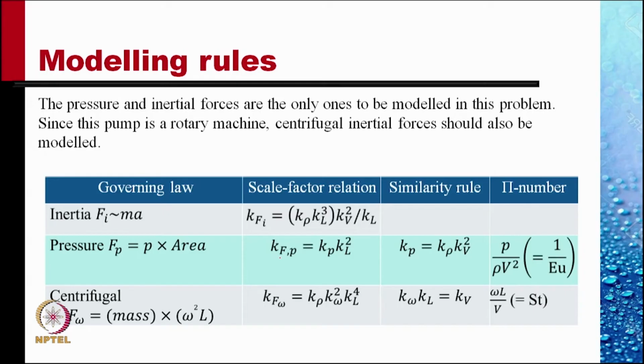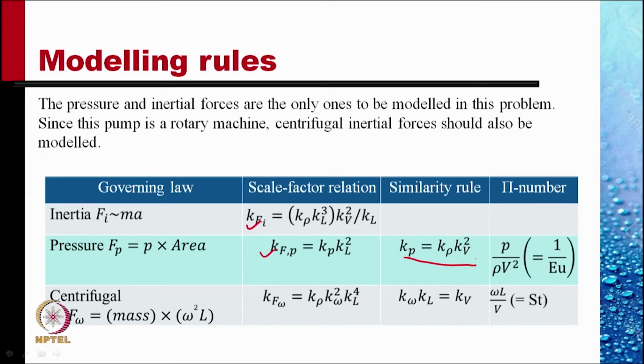So the scale factor of pressure force would be Kp, the scale factor of pressure, times that of area, which is KL square. Matching these two, this should be equal to this, and that gives us Kp equal to K rho times KV square. From this, we get the pi number P divided by rho V square, which was shown to be 1 over Euler number in the last class.